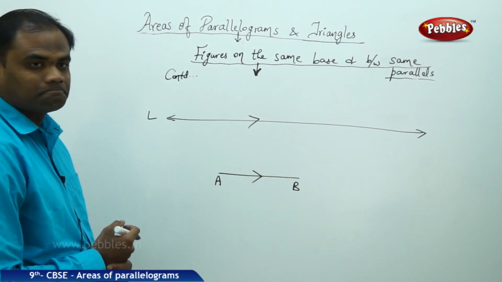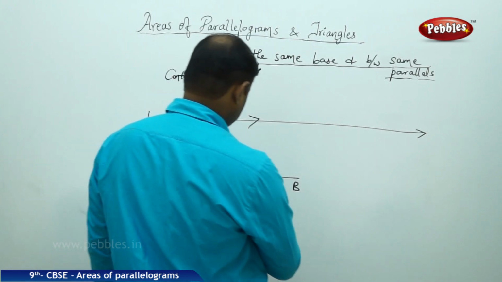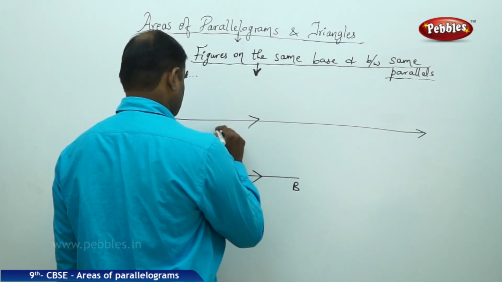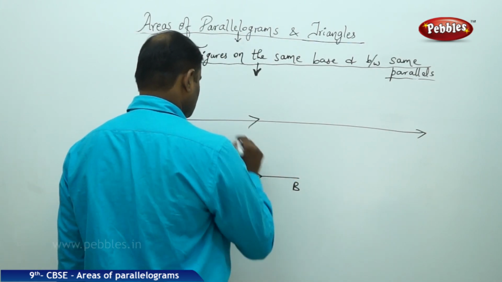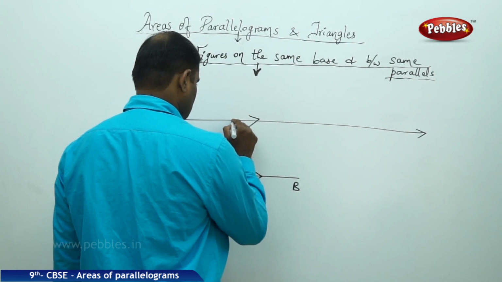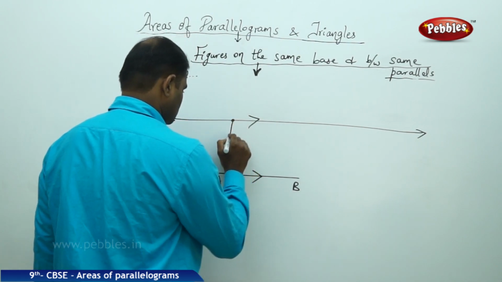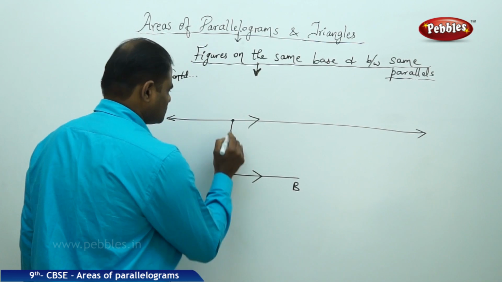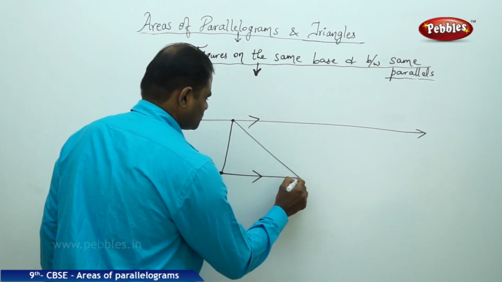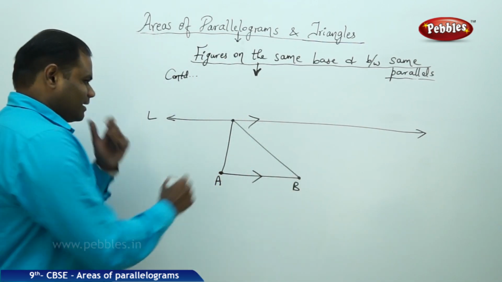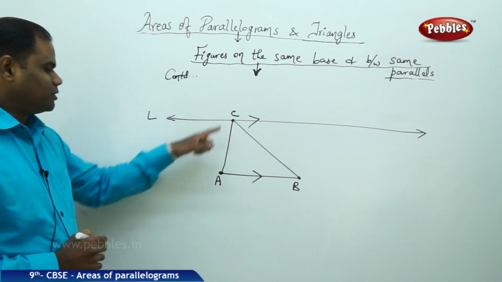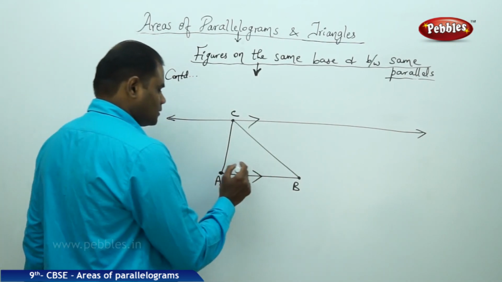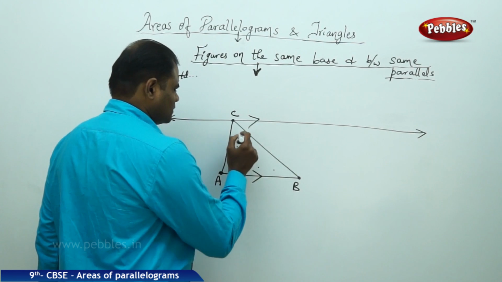Now here, say I have a point C which makes the region ABC.